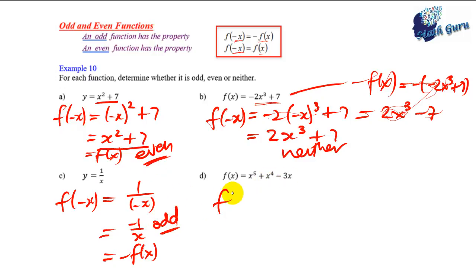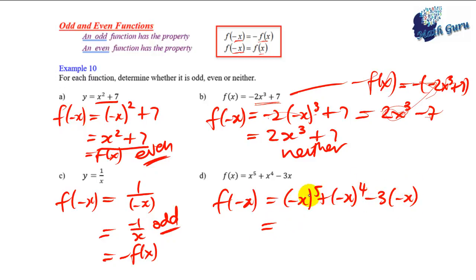Last one, f of negative x is negative x to the 5 plus negative x to the 4 minus 3 times negative x. When I put something to an odd power, it's still negative, so negative x to the 5. When I put something to an even power, it becomes positive, so x to the 4. And when I multiply them together, I'm going to get plus 3x.